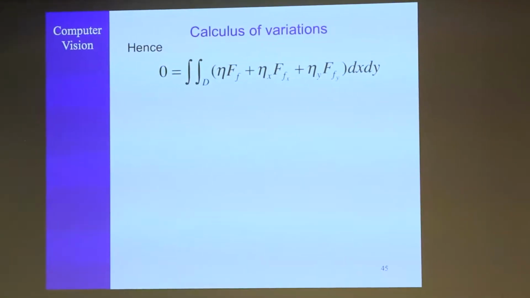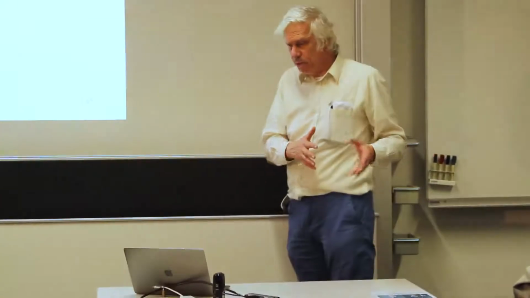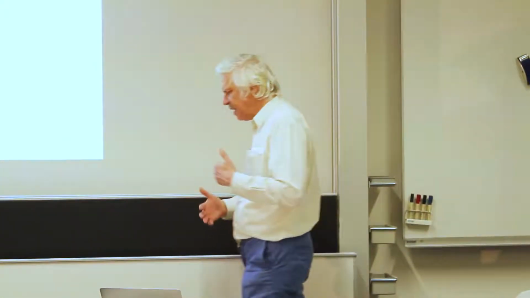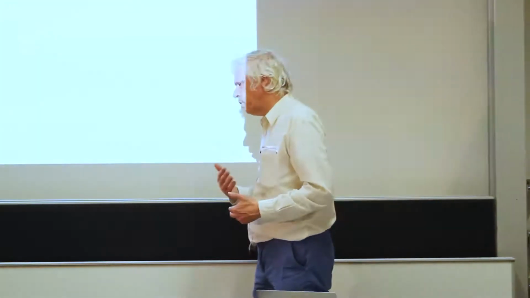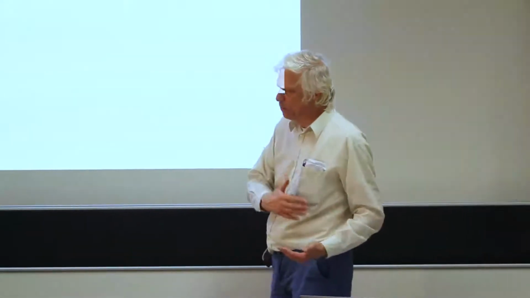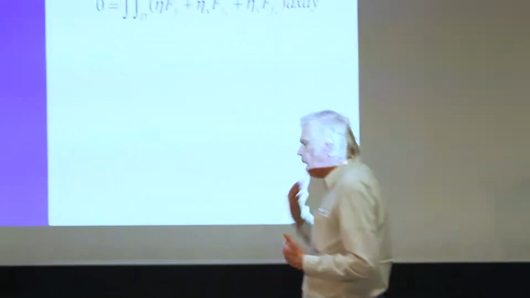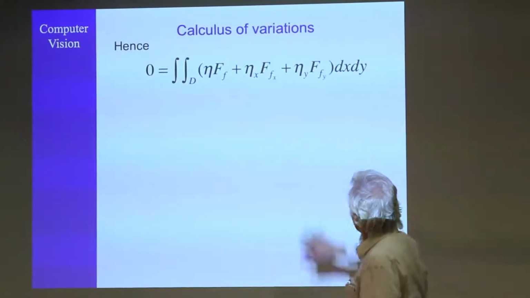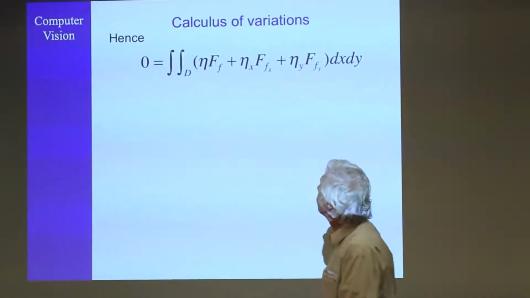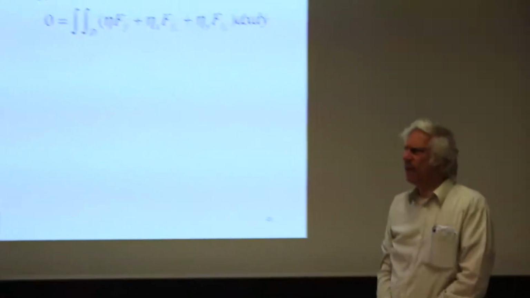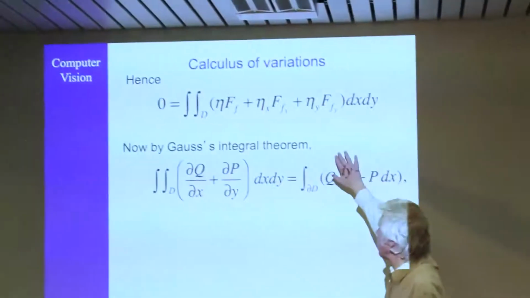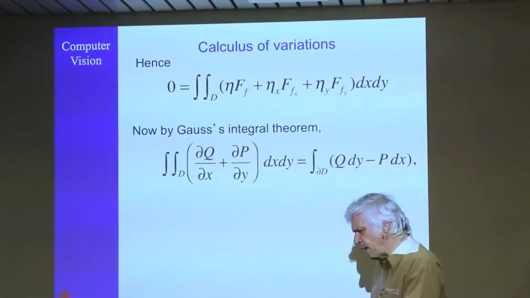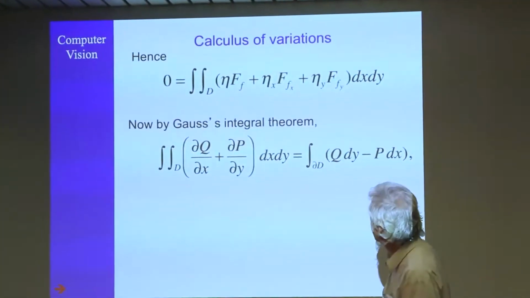So here we are. If we take the derivative with respect to epsilon, as before, so we have a test function that we apply epsilon times, and then we derive with respect to epsilon, we demand that the derivative with respect to epsilon vanishes, we get this. And we have this additional third term. Now we can use something like the integration by parts that we used before, but this time it's actually Gauss's integral theorem that is called for, because we have these two-dimensional integrals.